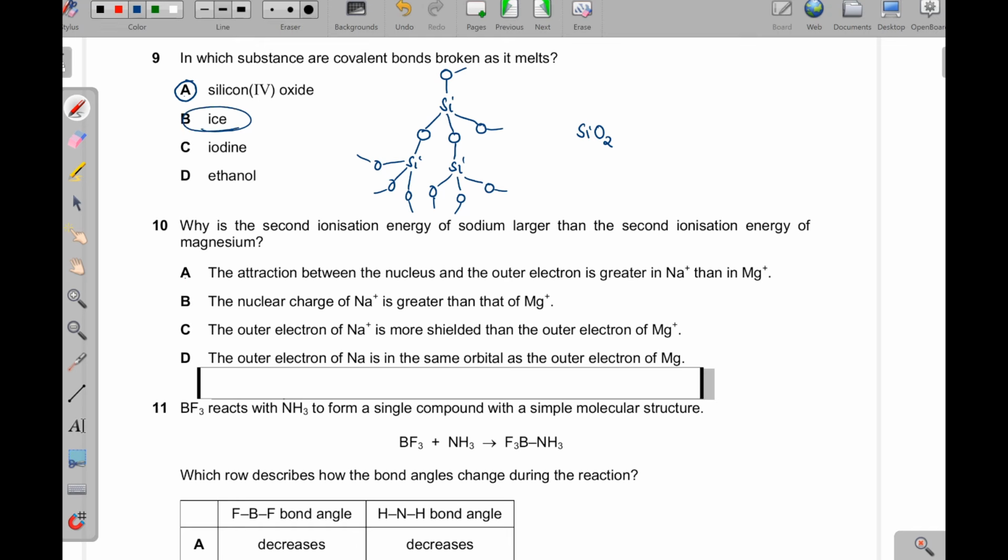When you melt ice, you are going to get water, but what you are actually breaking in water, you are having oxygen and then hydrogen. Then these ones are partially positive, because they tend to lose the bonding electrons to oxygen, which happens to be much more electronegative.